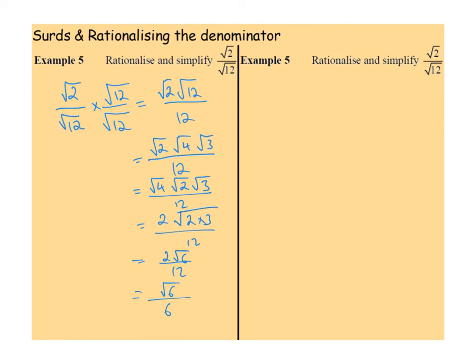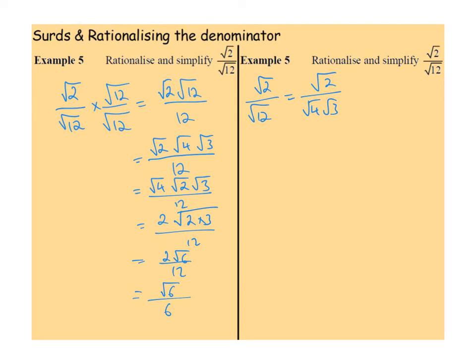Now, I can do the same question by simplifying first. So I can look at root 2 over root 12 and say at the start that this is actually root 2 over root 4 root 3. And I'm picking root 4 because root 4 is a square number being square rooted.